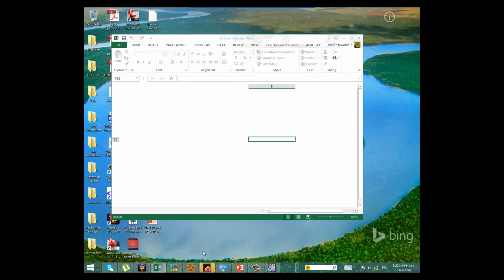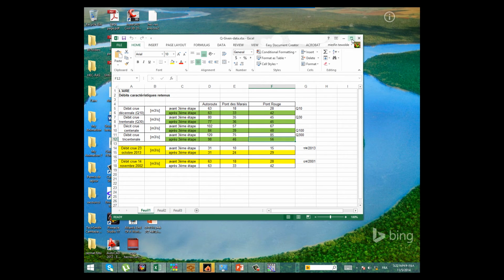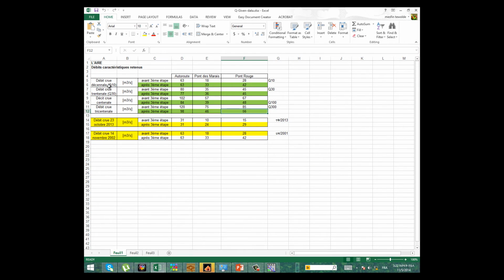For the hydrological data, we have recurrence intervals, you see. For example, a 10-year recurrence interval, 30-year, 100 and 300 years. So tricentennial means Q300, centennial means 100 years, trentennial means 30, and decennial is 10.